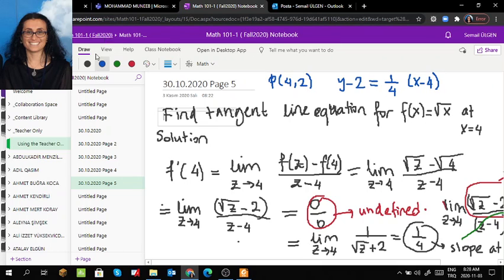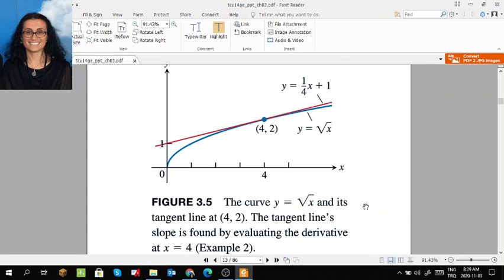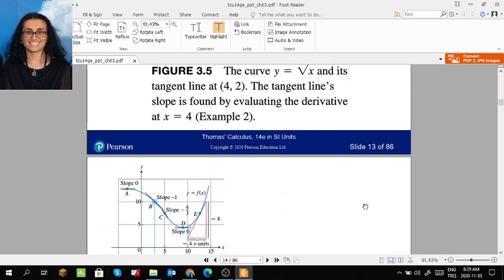Okay, the thing that you see here, this thing in the red circle, is the tangent line equation, okay? So we did this question as well. This is example 2 in our book.